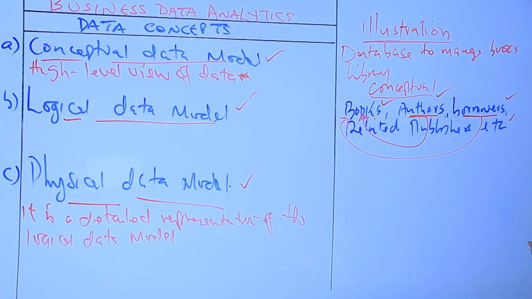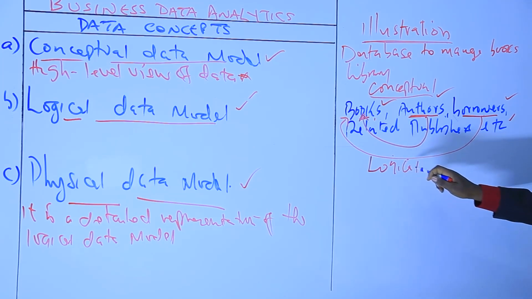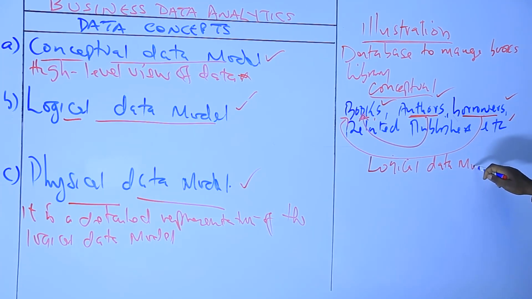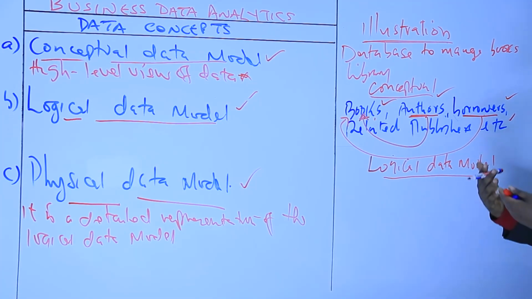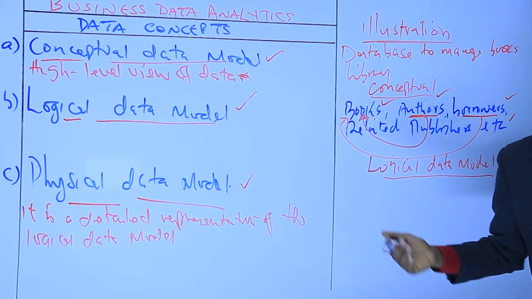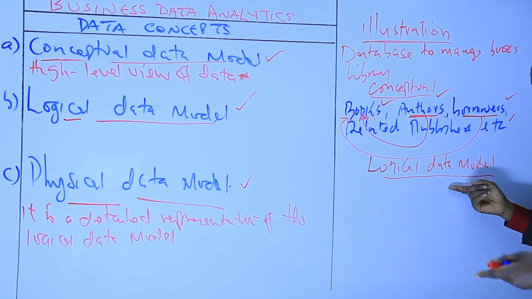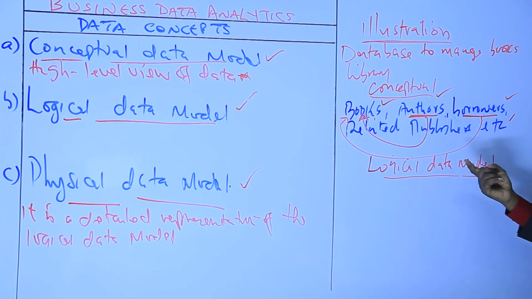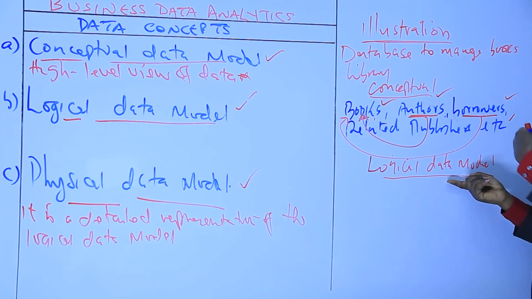Then there is the logical data model. We are trying to illustrate a logical data model in a database to manage books or a library. So the logical data model here will be more detailed than the conceptual data model. And it will specify how the data will be organized, how this data will be structured.